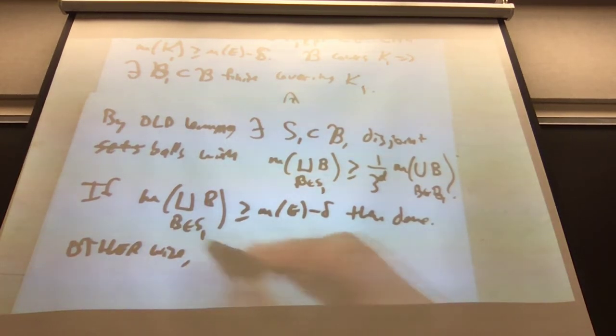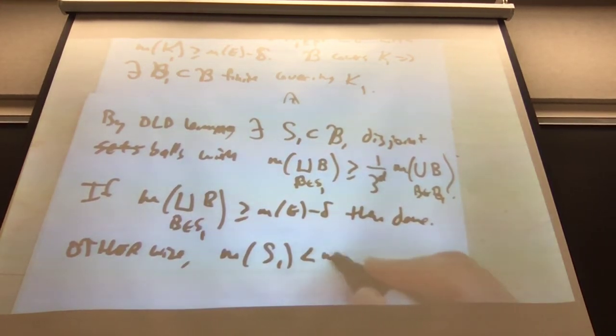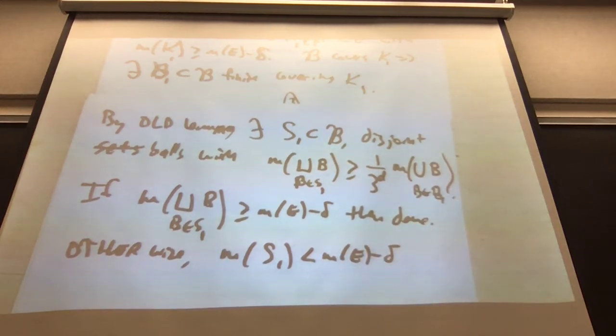Otherwise, the measure of the union of all the balls in S1 is less than the measure of E minus delta.